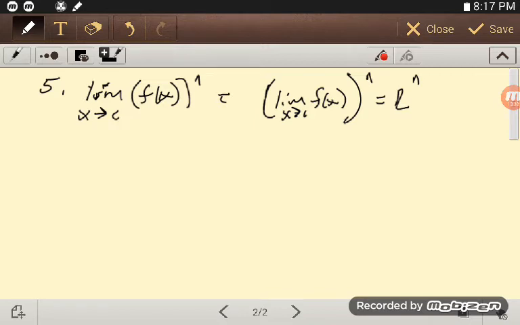Okay, so those are properties that we're using. And so they go through the limit of a polynomial, and they use all these properties.